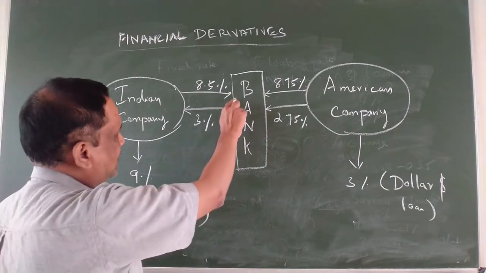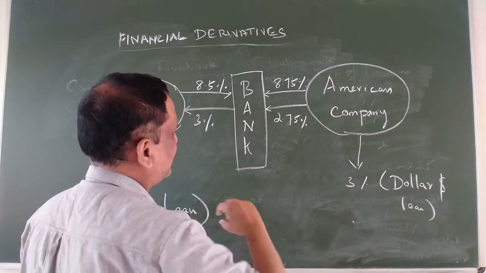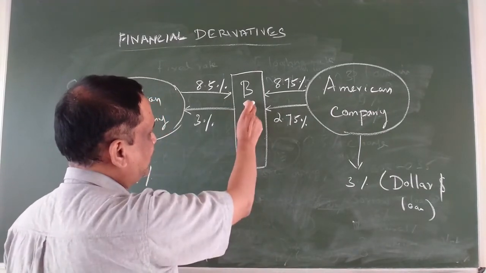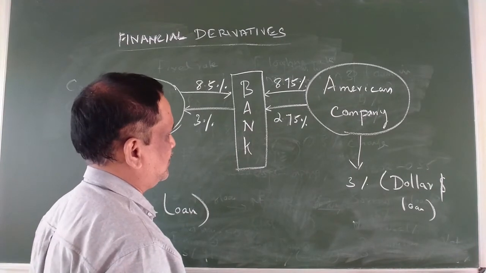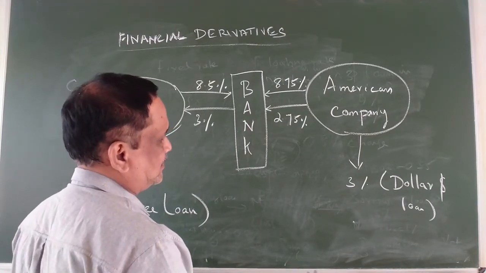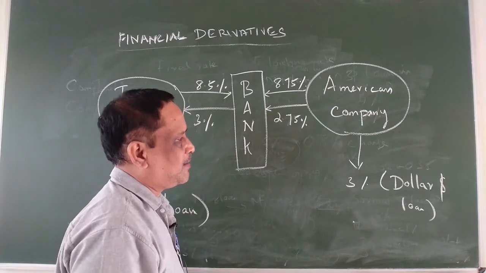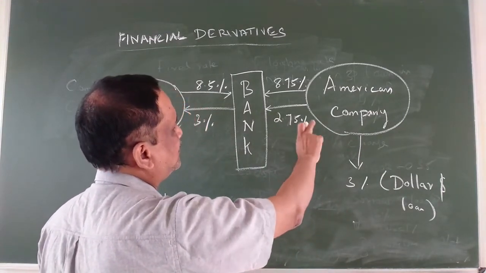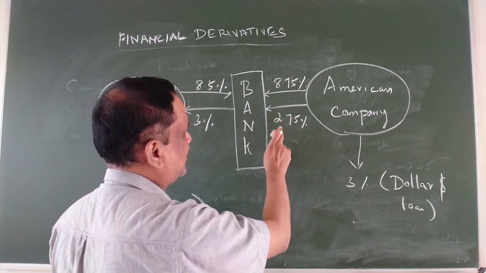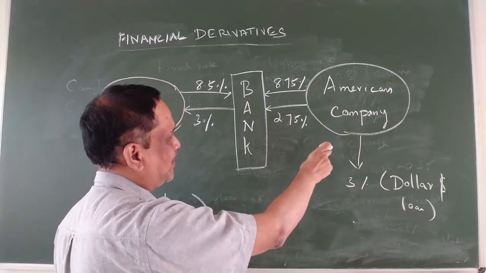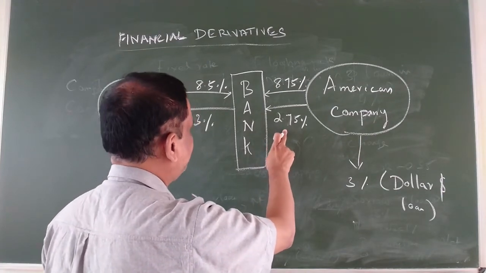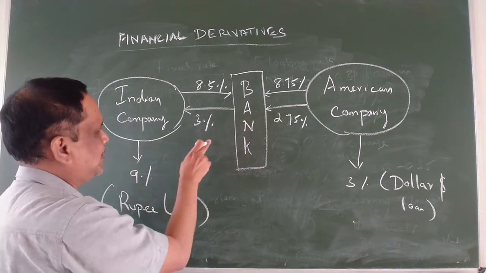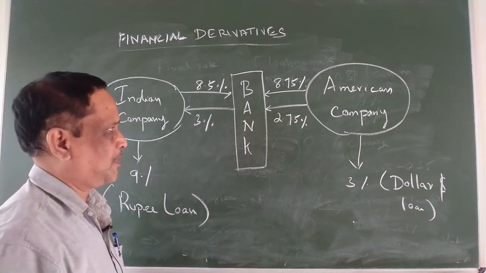The bank will give it to the American company at 8.75 percentage interest, and the bank will gain 0.25 percentage. Whereas the dollar loan is taken at 3 percentage by the American company, and they will lend it to the bank at 2.75 percentage, thereby making a loss of 0.25 percentage, and the bank in turn will be lending it to the Indian company at 3 percentage. Okay.